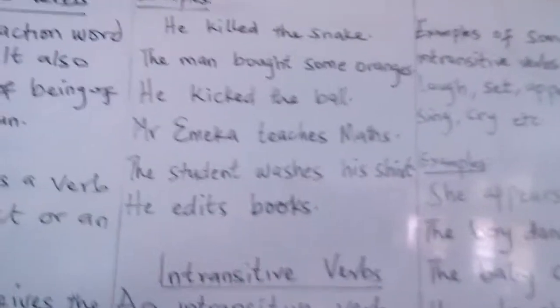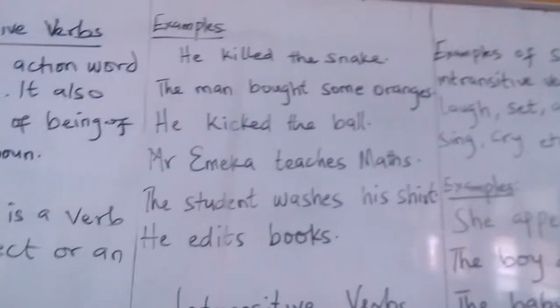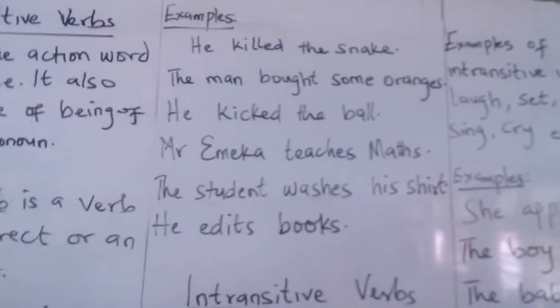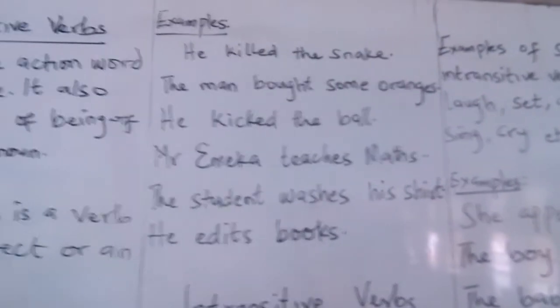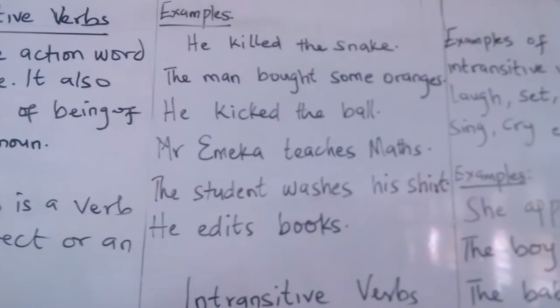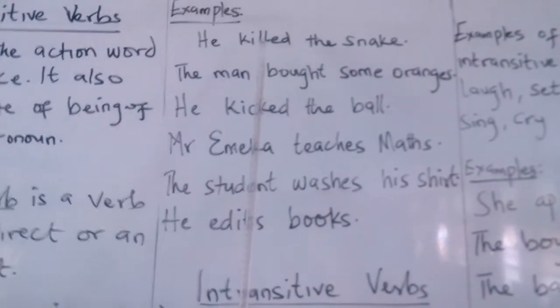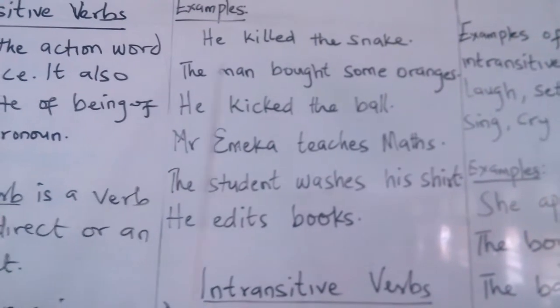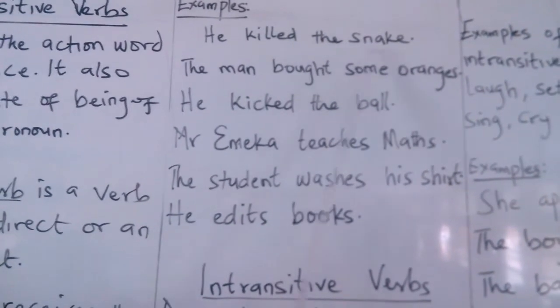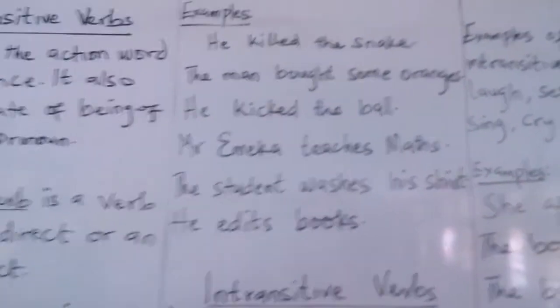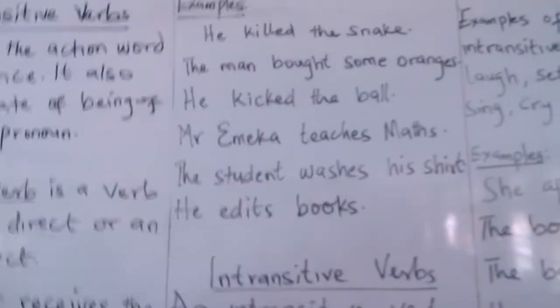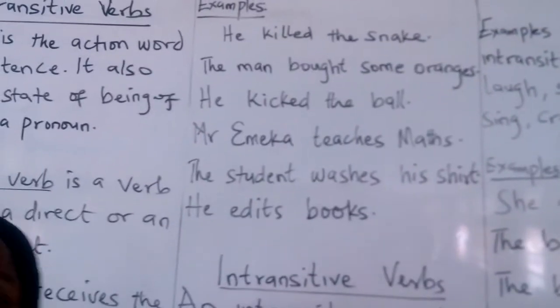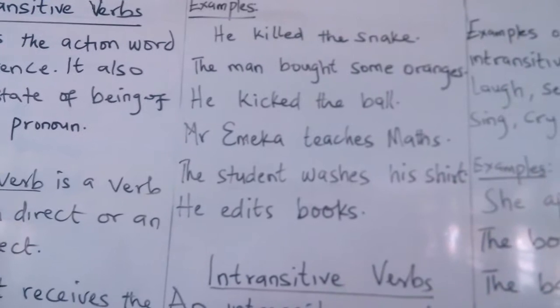He killed the snake. The snake is the object in the sentence, while killed is the action word. It means that killed is a transitive verb because it is able to take an object, which is the snake. How do I know this? I just need to ask what about the verb in that sentence.